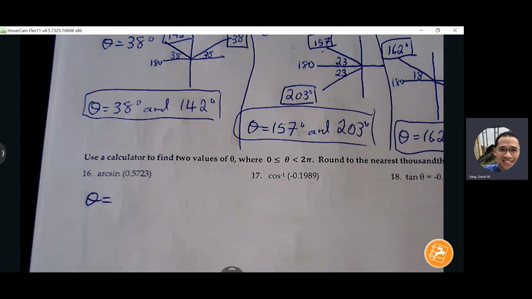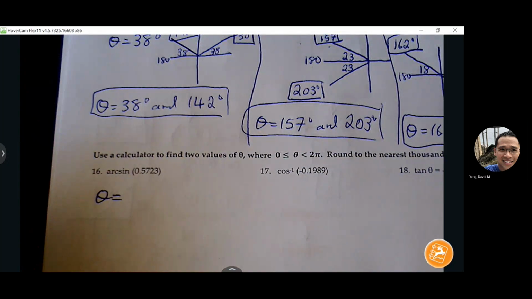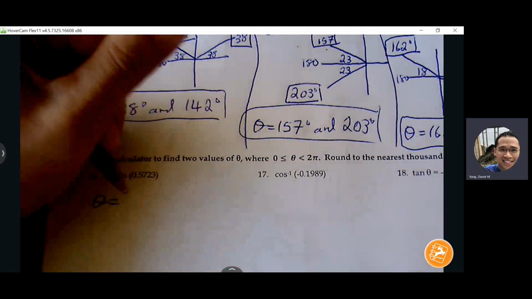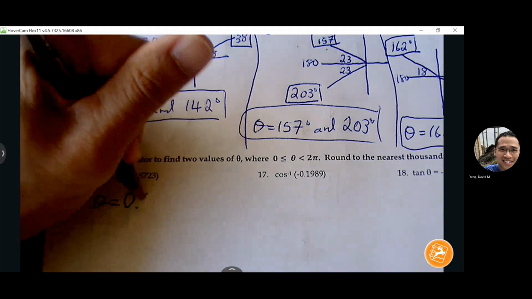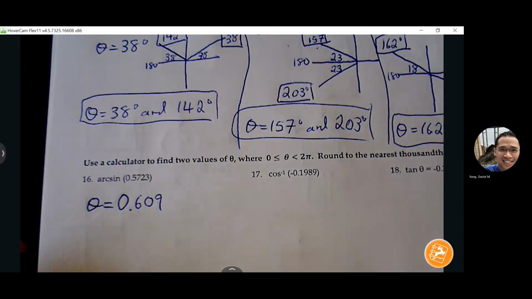Okay, enter in the calculator, arc sine. Okay, what's good for theta? Yeah, up to 0.609. Okay.